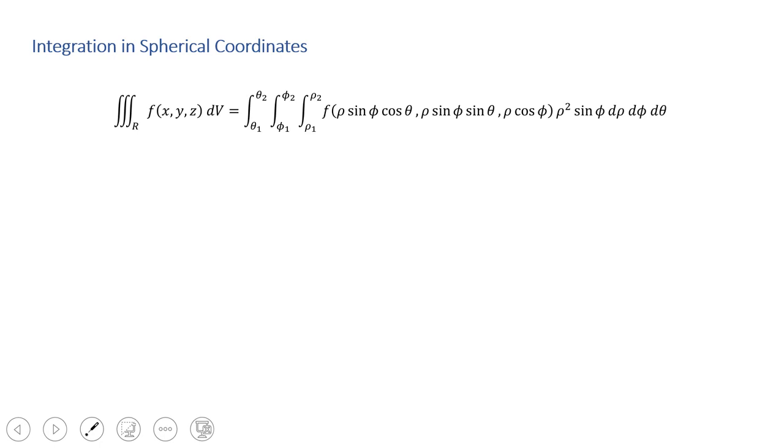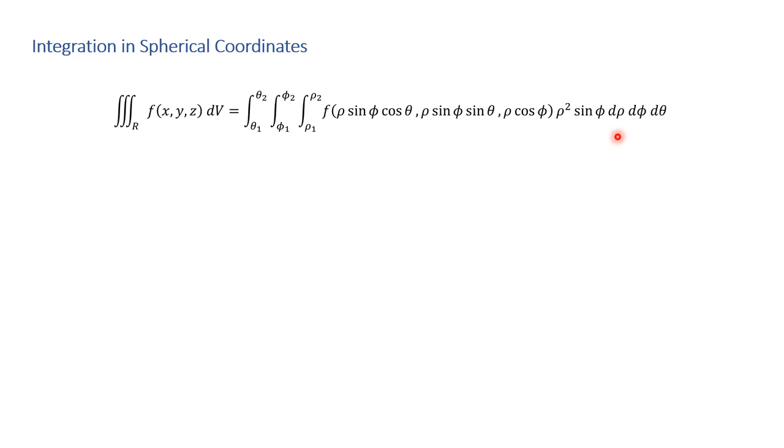So if we want to convert an integral into spherical coordinates, we're going to replace the x with rho sine phi cosine theta, the y with rho sine phi sine theta, and the z with rho cosine phi. That's just the definition of spherical coordinates. And then the dV is right here.